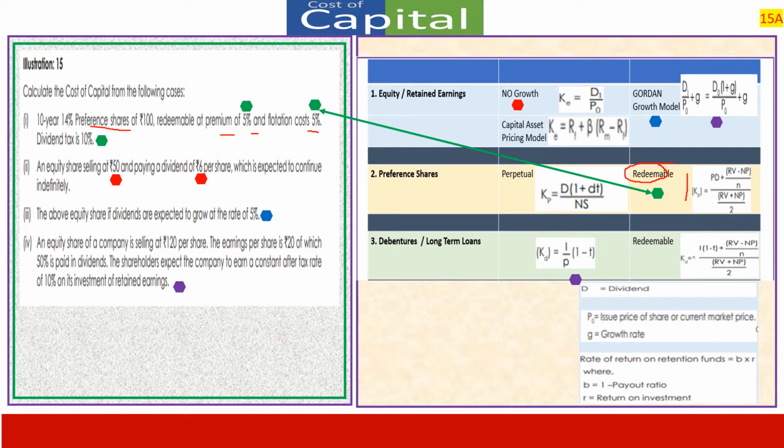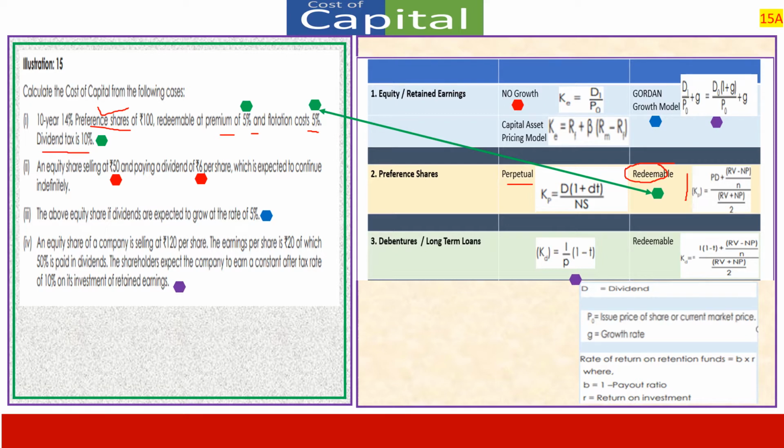In this particular instance, there is a mention of dividend tax. Dividend tax is an outgo for the company. It is not a tax shelter. It is normally used in respect of perpetual preference shares. But in the given case, the shares are specifically redeemable and still there is dividend tax.